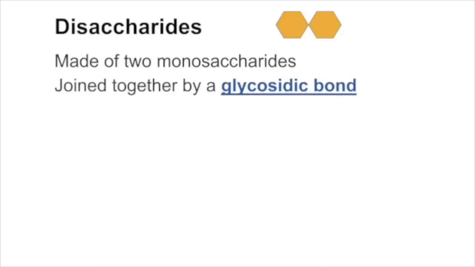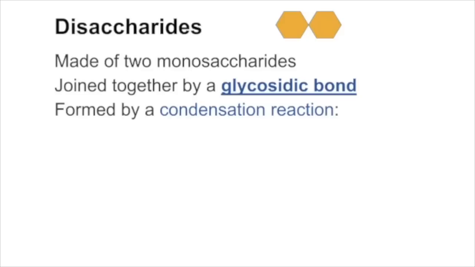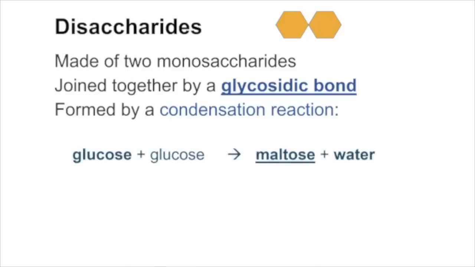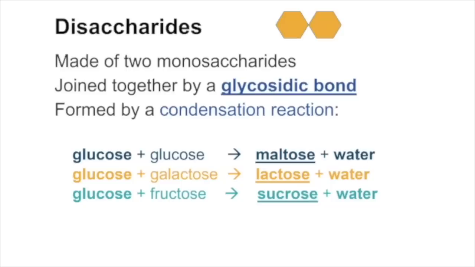The disaccharides then is made up of 2 monosaccharides. When those are joined together, the chemical bond that forms is a glycosidic bond, and they are created via a condensation reaction. Now I did name the 3 that you need to know, but in addition to that, for those 3, you would need to know the word equation and therefore which 2 monosaccharides they're made from.